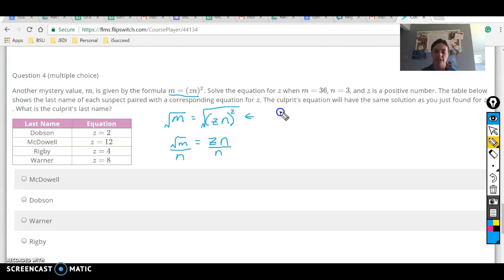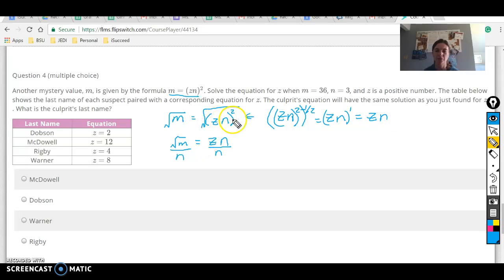So this would be zn squared, and then all of that to the 1/2. And when you take a power to a power, you multiply. So 2 times 1/2 is 1. So this just becomes zn to the first power, which is zn.